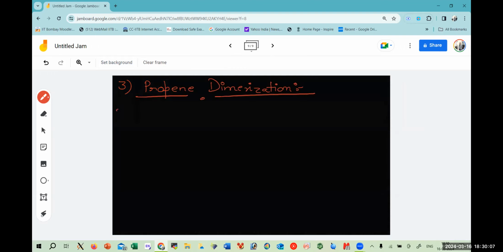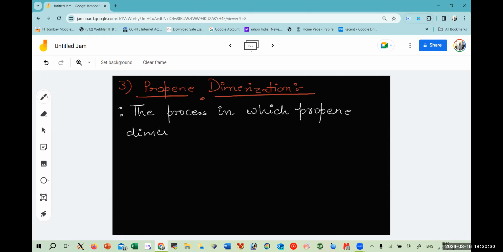So here is the process in which propene dimerizes and gives the expected product, branched hexanes.